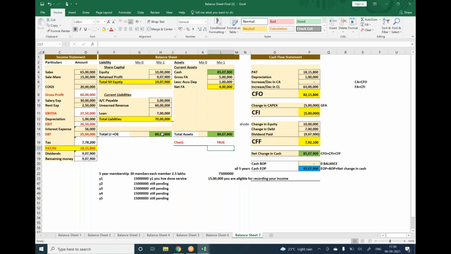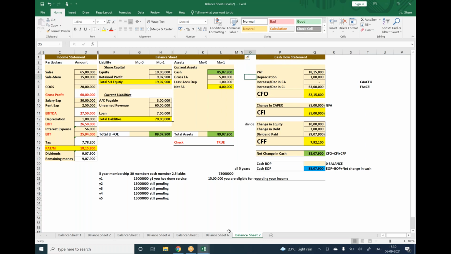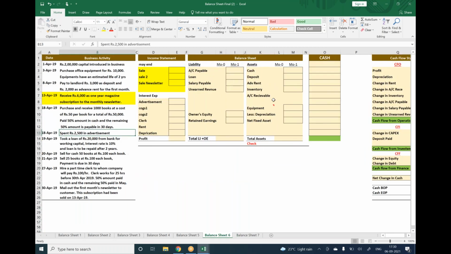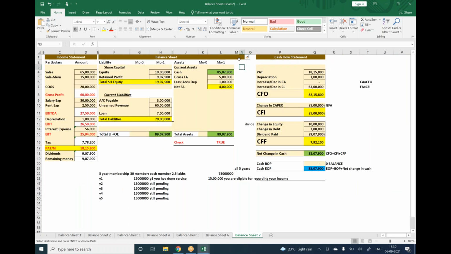Sir, as there is time, can you show how to find cash in the direct method? Okay. That's it for today, so we have time, nothing to worry.